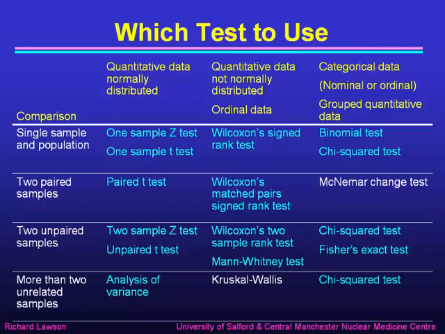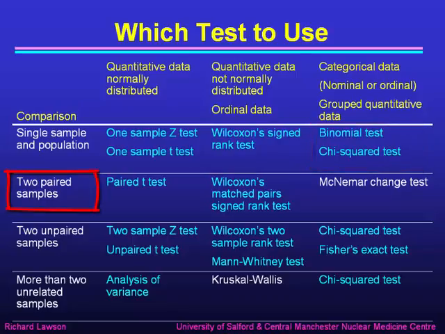So if our comparison that we want to do is to compare a single sample with a known population, then the parametric tests we looked at were the one sample Z test and the one sample T test, and the non-parametric tests we've looked at in this lecture are the Wilcoxon signed rank test for data that can be ranked, or the binomial test, or the chi-squared test for categorical data.